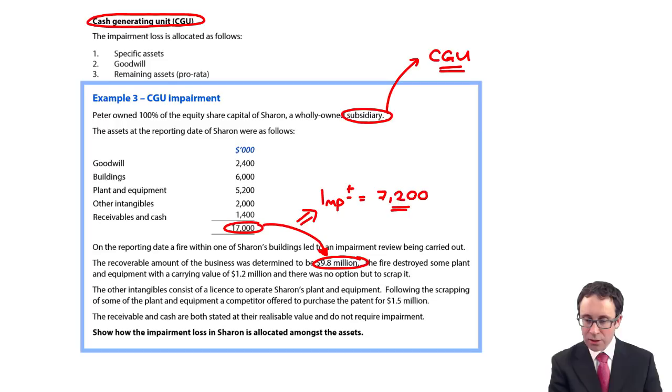It says in that second part, the recoverable amount was 9.8. The fire destroyed some plant and equipment. So it will go to your plant and equipment first because that is a specific asset, with a carrying value of 1.2, and there was no option but to scrap it.